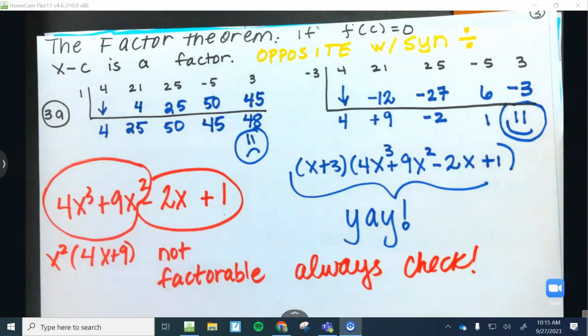If you get 0 at the end of your synthetic work, that last number, the factor theorem tells you you have found a factor for that polynomial. Okay, so it's giving us two possible factors and we're supposed to figure out which one it is. And sometimes they both will work, but in this example, only one of them gave us an answer of 0.